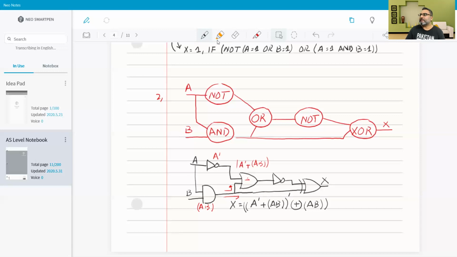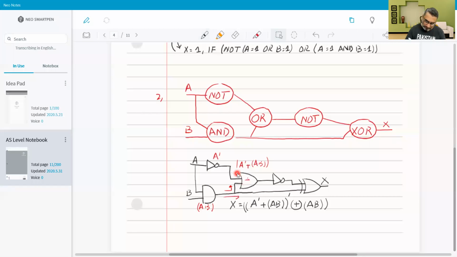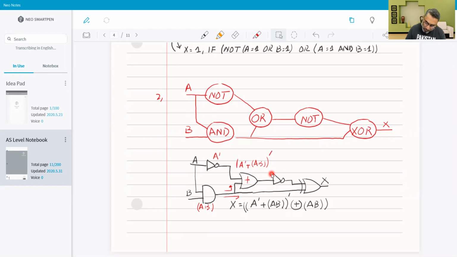Now you can see this is A naught plus AB. Now when this goes through this NOT gate, this would become A naught plus AB whole naught.